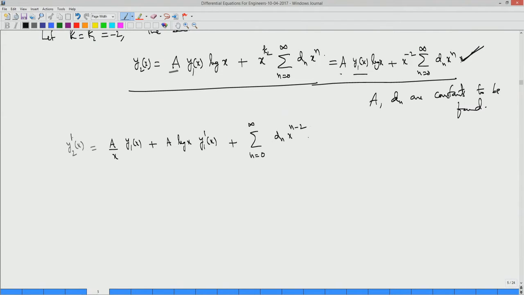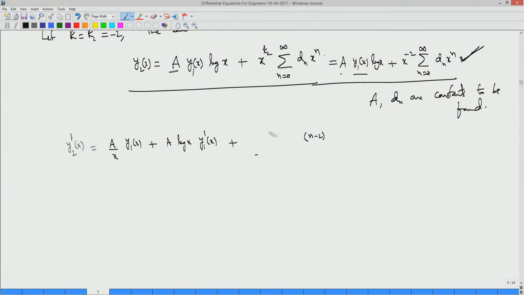If you differentiate, this is going to be n minus 2 times x power n minus 1. This is what you will get, because k2 is an integer.